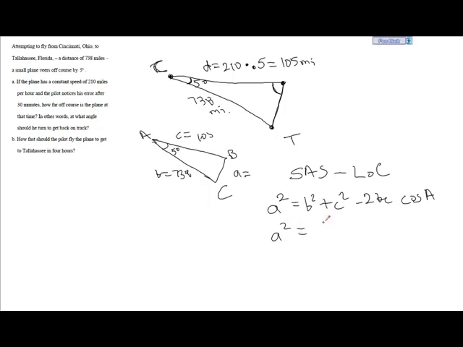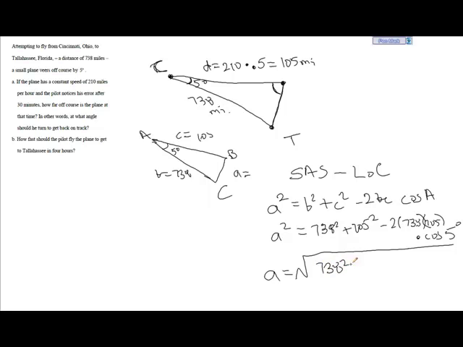We have b is 738, so that's 738 squared, plus c squared, which is 105 squared, minus 2 times 738 times 105, times the cosine of A, which is 5 degrees. We'll go ahead and square root this and just write it the way we'll enter it into the calculator. I won't even evaluate anything here. I'll just write it all out, and we'll enter it in one fell swoop.